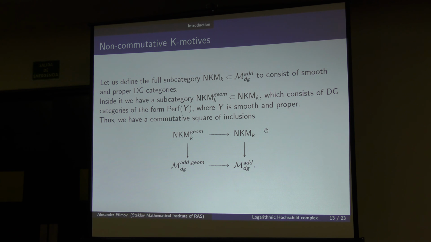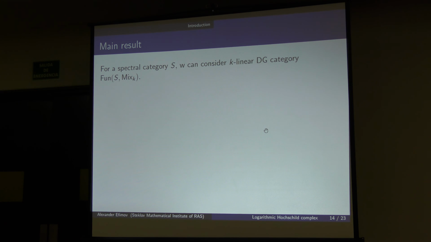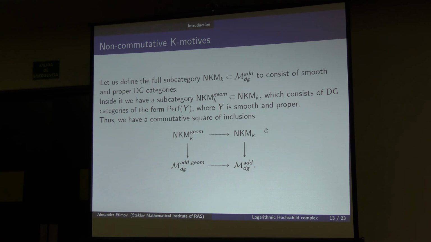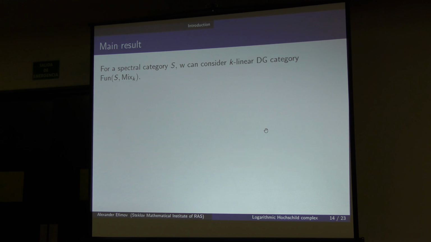At the moment, the results which I am going to explain do not work for K categories, for example. They work only in the algebraic geometry situation. Here geom stands for algebraic geometry.